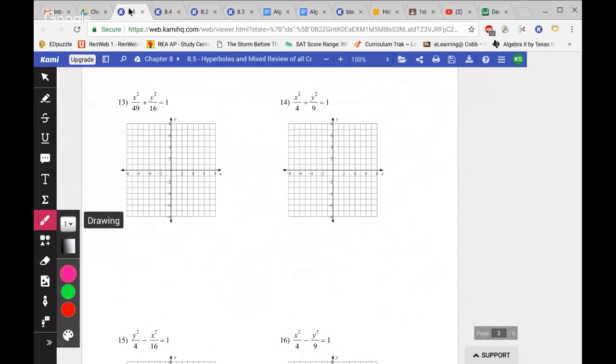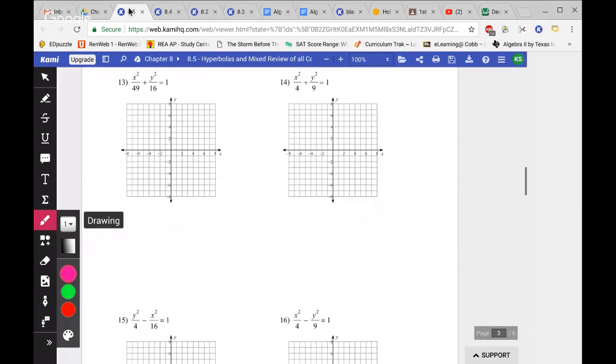When they're written like this, I can deduce that they're either going to be an ellipse or a hyperbola when it's equal to 1. And then to narrow it down even further, I look at that middle operation. If the middle operation is addition, then I've got an ellipse. If the middle operation is subtraction, I have a hyperbola. Does that help? Yep. Okay.